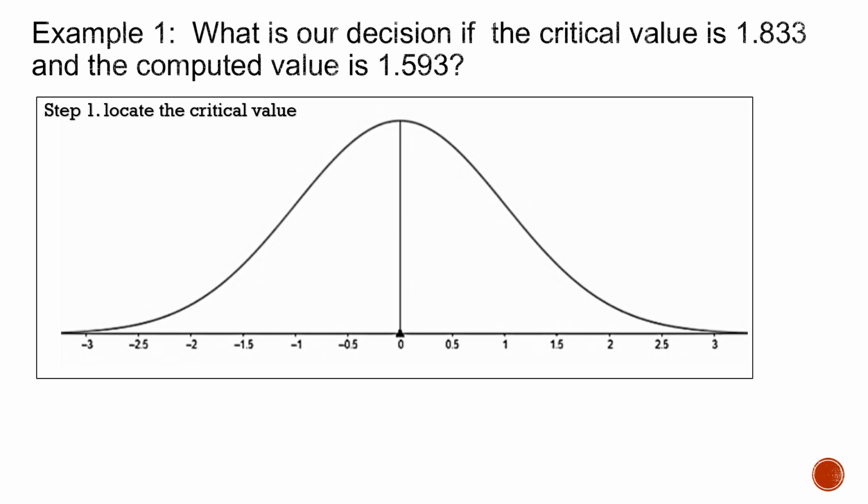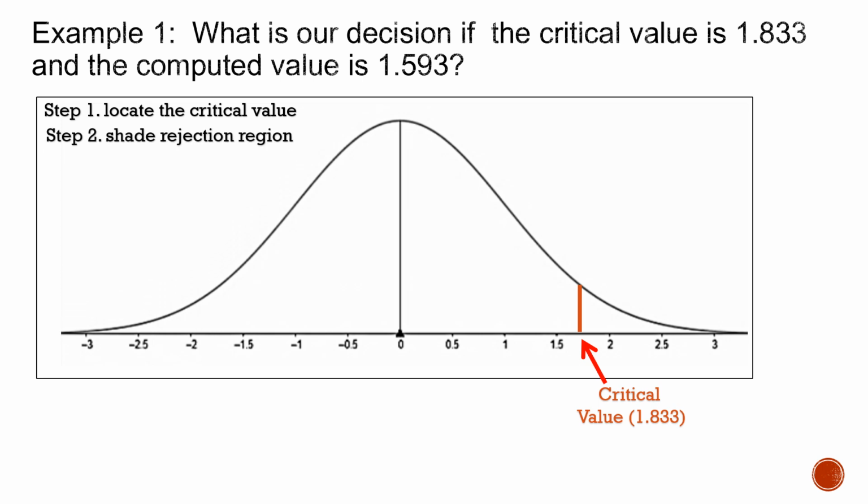So looking at our graph, the positive numbers are on the right and the negative numbers are on the left. So our critical value is on the right. This is the location of our critical value. It passes 1.5, or it is in between 1.5 and 2. That is the approximate location of our critical value.